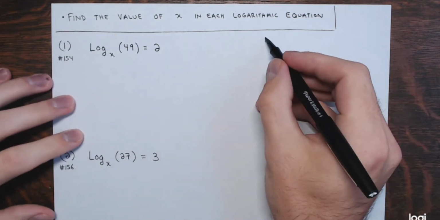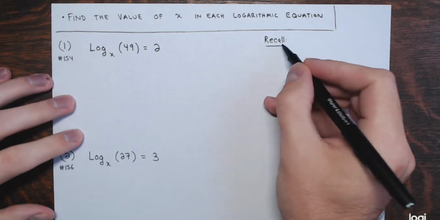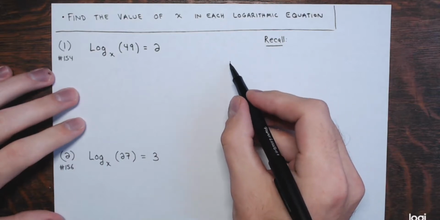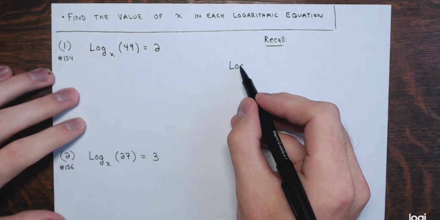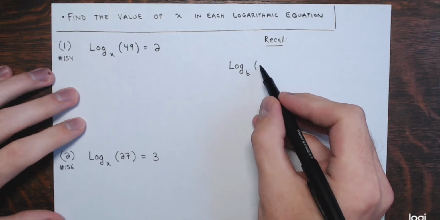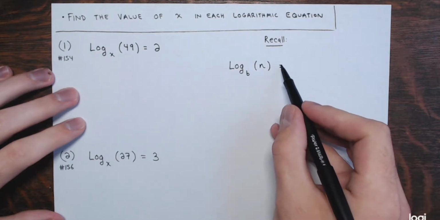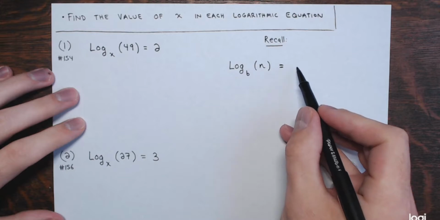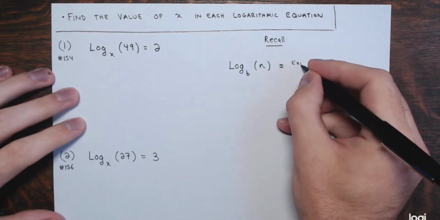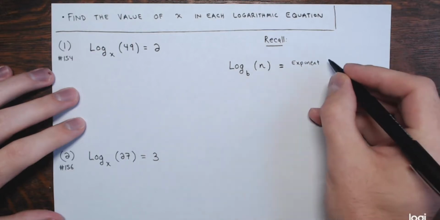Before I get into actually solving this, we have to remember some stuff from a previous video on logarithms. Remember, when you see the log base b of some number n, what that's equal to is the exponent. Logarithms are equal to exponents.